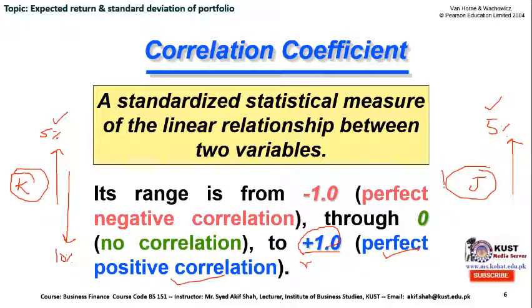Then definitely there will be a decrease of 10% in stock J. So as a whole, the investors or portfolio manager will bear a decrease in the accumulated invested amount which they invested at the very beginning.